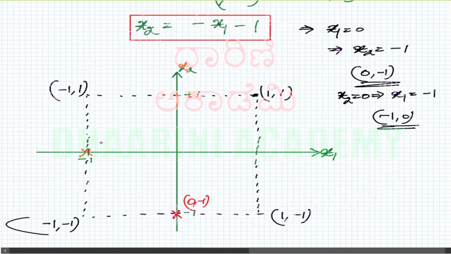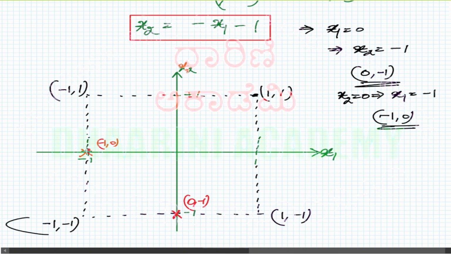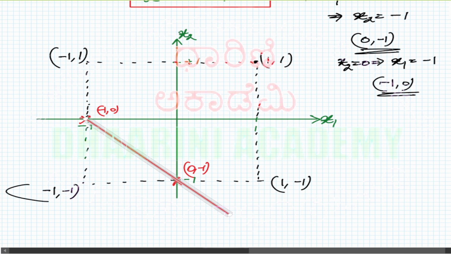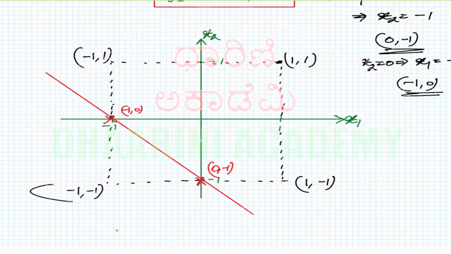Now our intention is that we need to draw a straight line through these two points, so let me extend them on both sides. Right, it is very clear that this line classifies the given problem, and we had two different sides and both sides can be separated by this line.